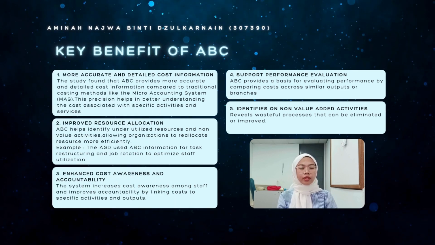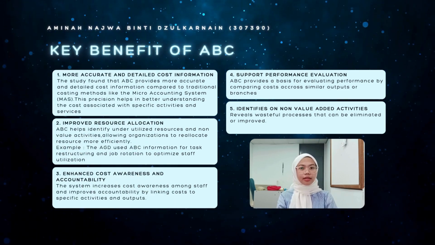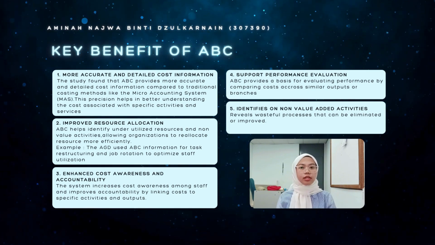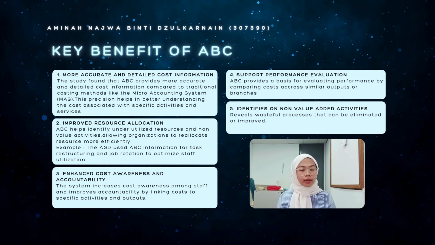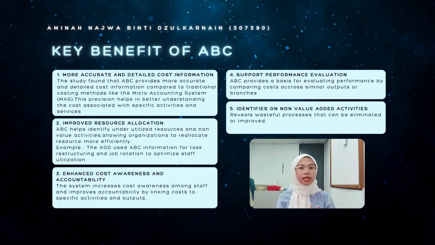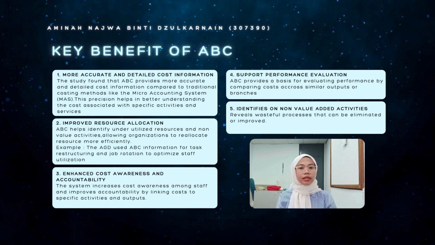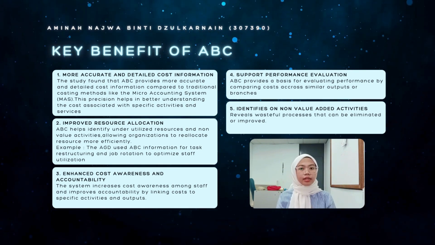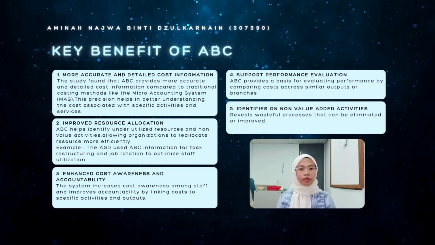Let's look at the key benefits of ABC as highlighted in the AGD case study. First, more accurate and detailed cost information. Unlike traditional costing, ABC precisely traces costs to specific activities. Second is improved resource allocation. It helps identify underutilized resources and inefficiencies. Third, enhanced cost awareness and accountability.